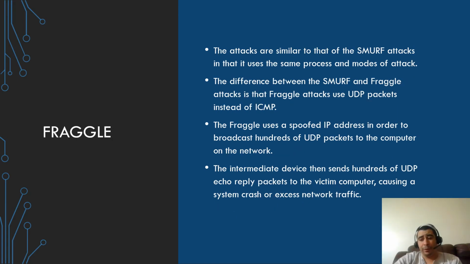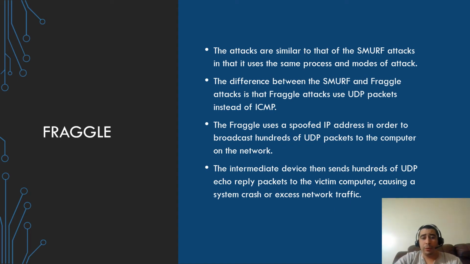Fraggle is very similar to Smurf attacks; they basically use the same technique and everything. Now we'll get to the differences. The attacks are very similar and use the same process. The difference between the Smurf and the Fraggle attacks is that Fraggle, instead of using ICMP, uses UDP packets.